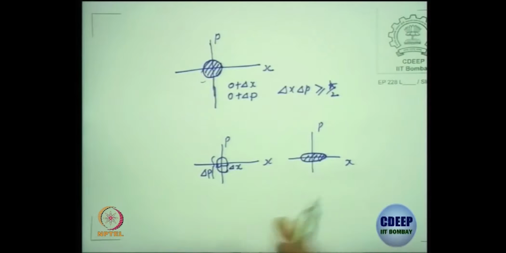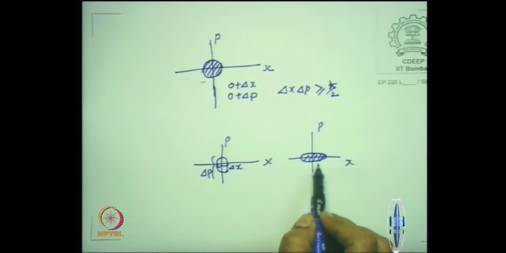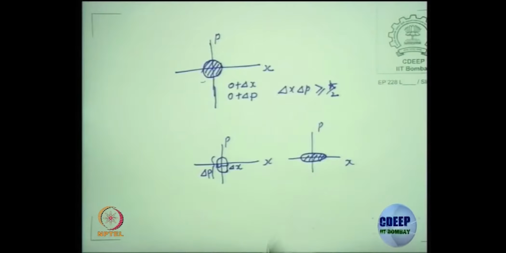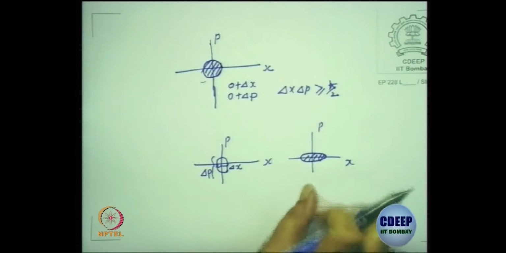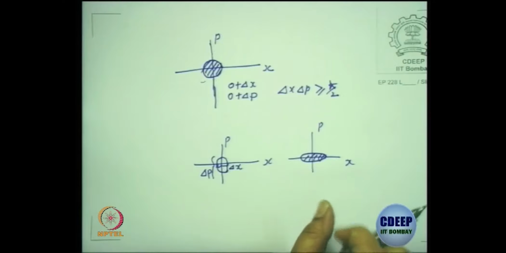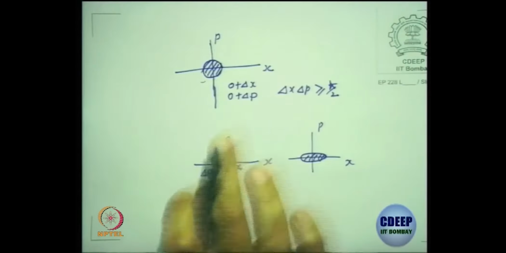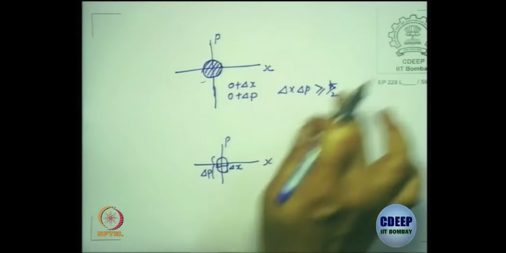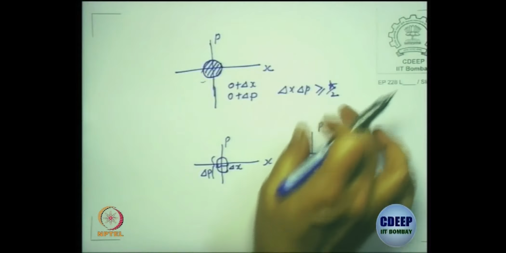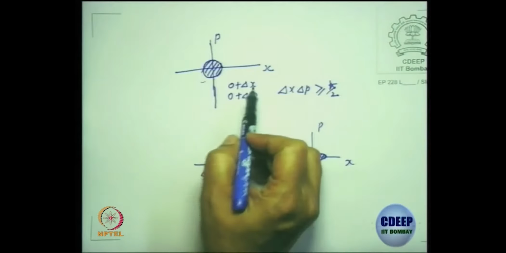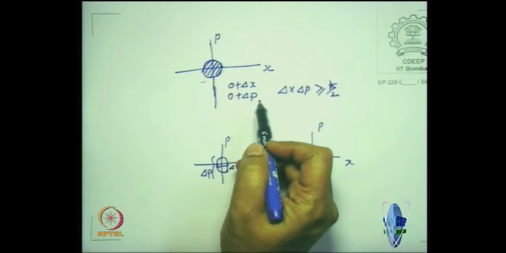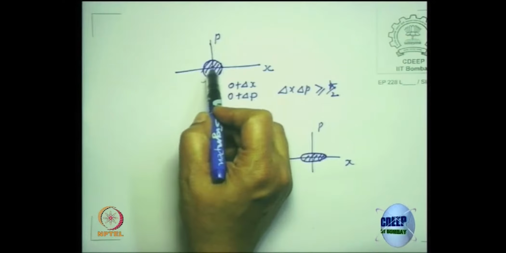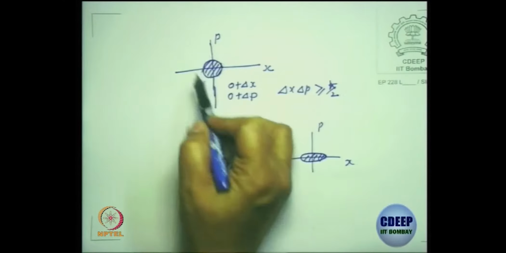If I say that the wave has a single de Broglie wave with almost the same wavelength, then it is this one, which has delta p small. So, you need to see that the area of this will be satisfying this, and the equality sign can also be achieved if both delta x and delta p are equal. Then this is what we will call a circle region.